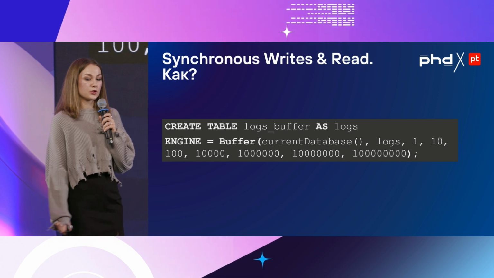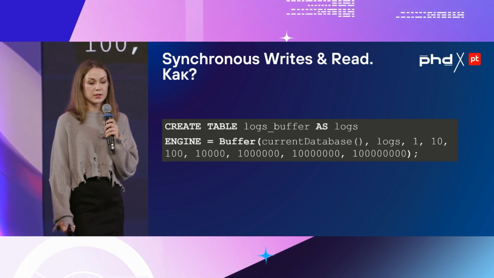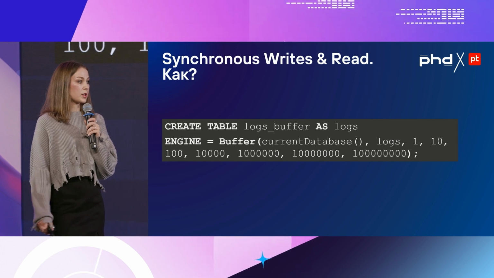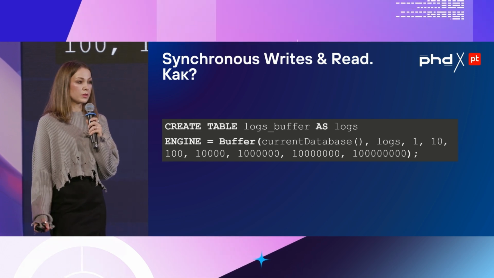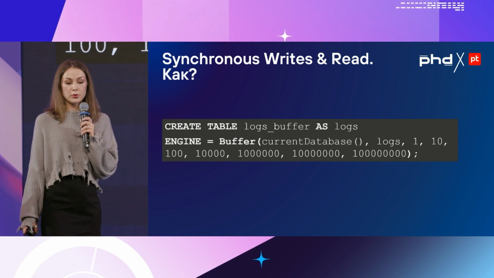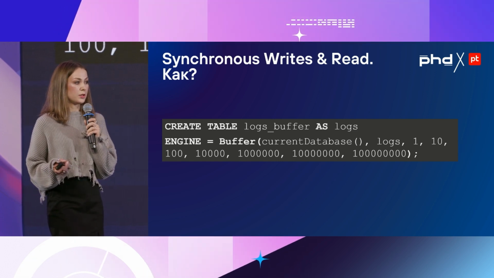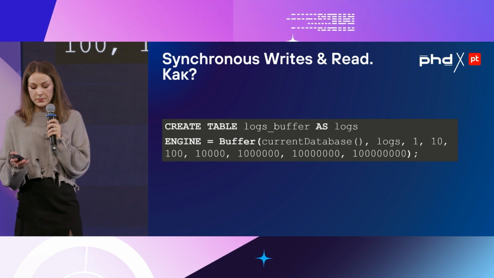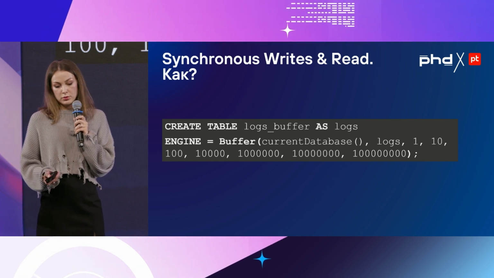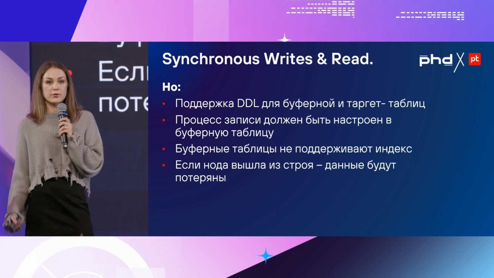But if this is not possible, you can use a buffer engine. A buffer table is created in operational memory. It can keep the data and flush it according to certain conditions, the timestamp and the number of entries, and it looks fine.